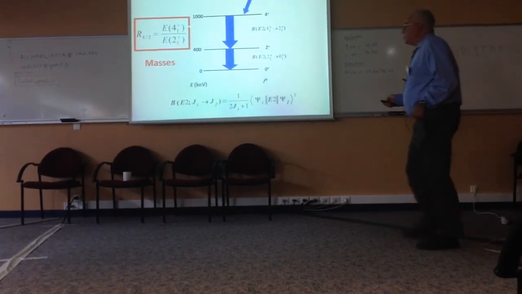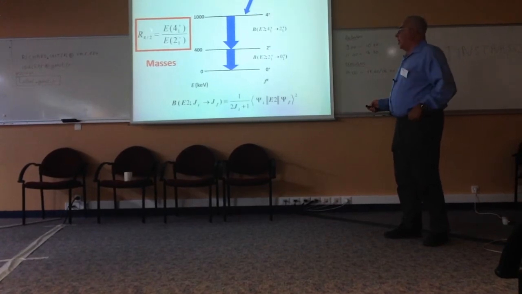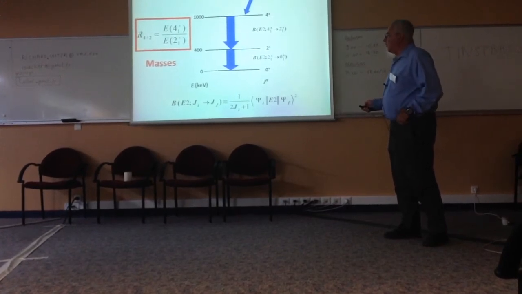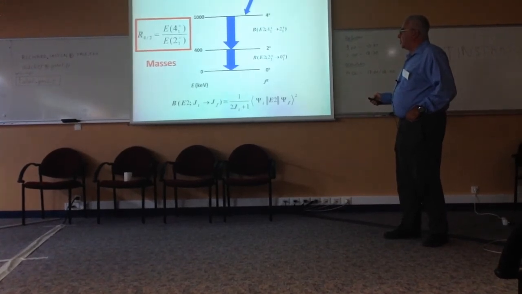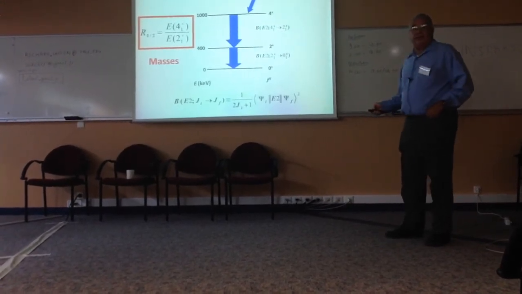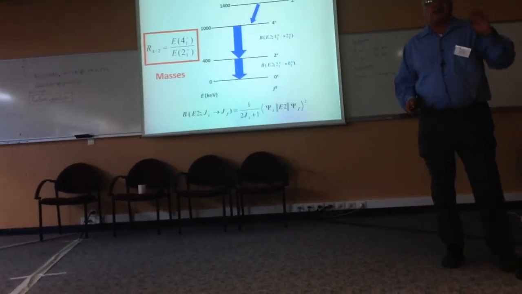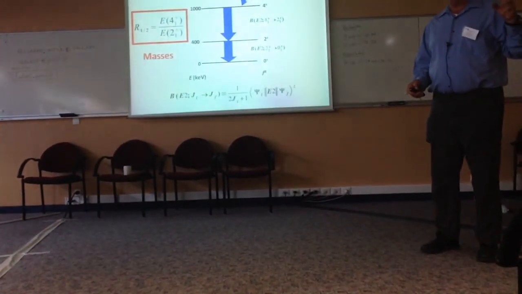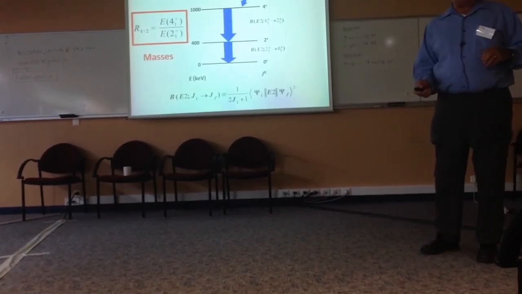One important measure of structure, which does not tell you everything, but it's a good first guide, is this quantity R42, which is the ratio of the 4+ energy over the 2+ energy. So in this case, it's 2.5. Okay? I stress that whenever I look at an even nucleus and ask myself what's going on, that's the first quantity I look at.